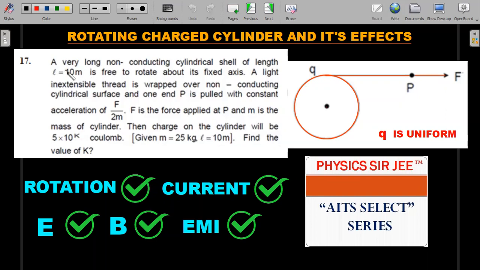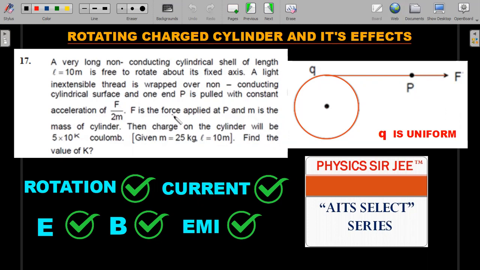Okay, so here we go. A very long non-conducting cylindrical shell of length L equal to 10 meter is free to rotate about its fixed axis, and a light inextensible thread is wrapped over the non-conducting cylindrical surface, and one end P is being pulled with a constant force such that it has an acceleration of F divided by 2m, where m is the mass of the cylinder.